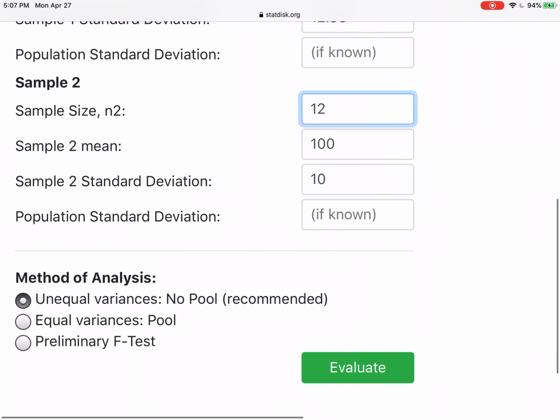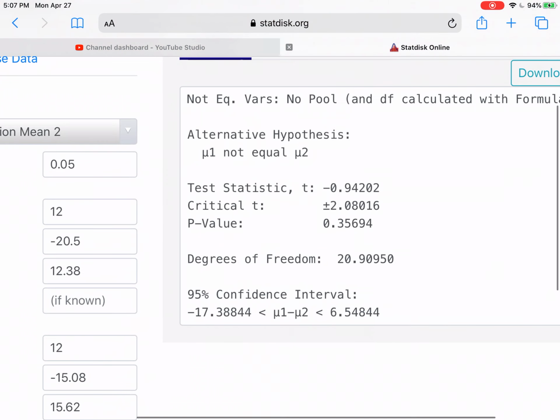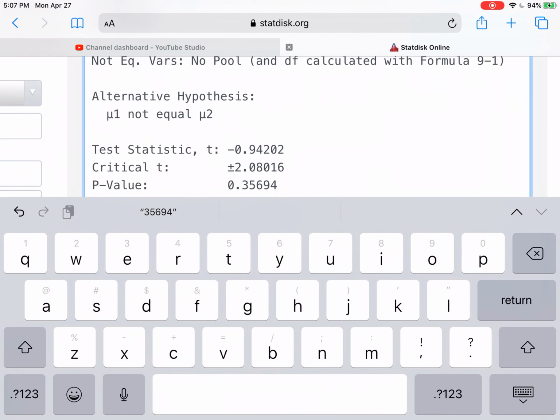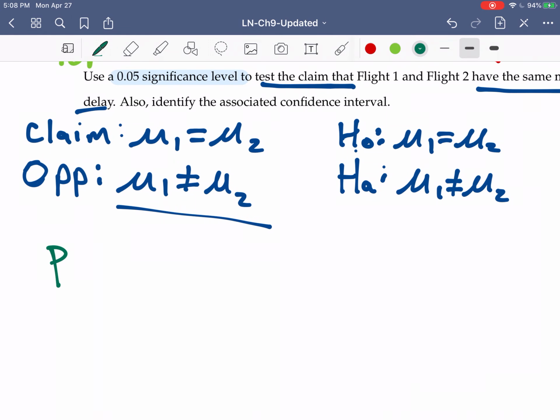And that is what we'll do. We'll evaluate it. And we get a p-value of 0.3569.